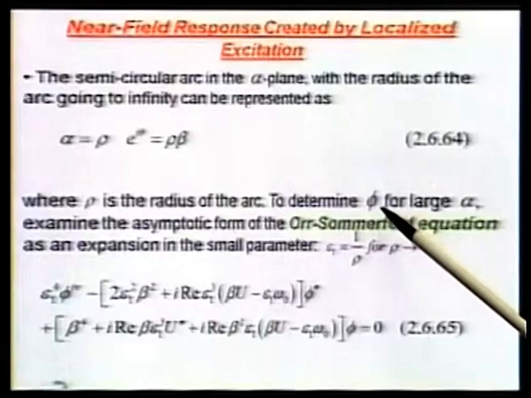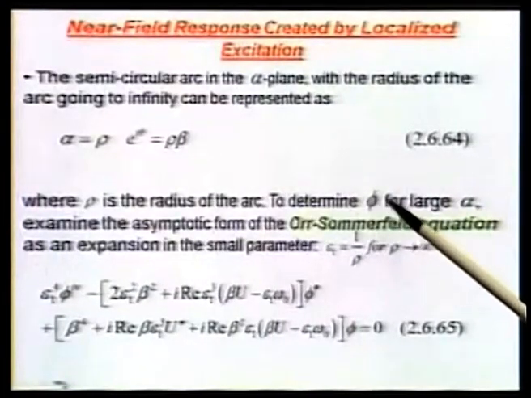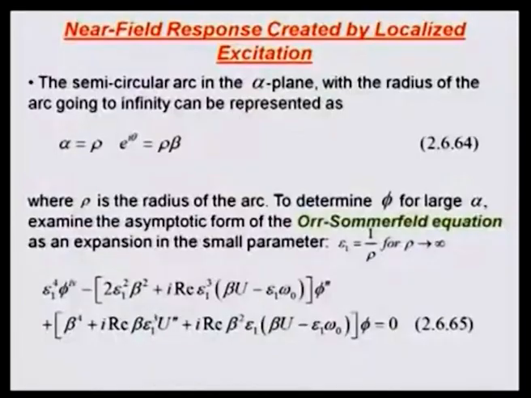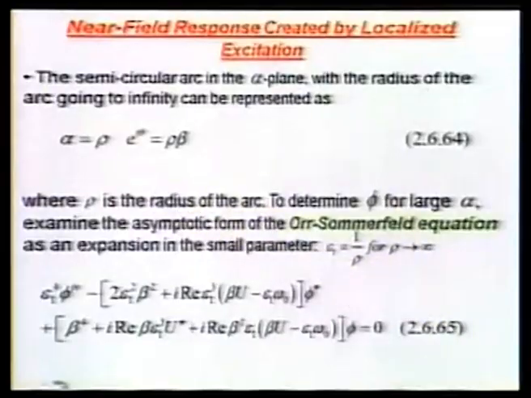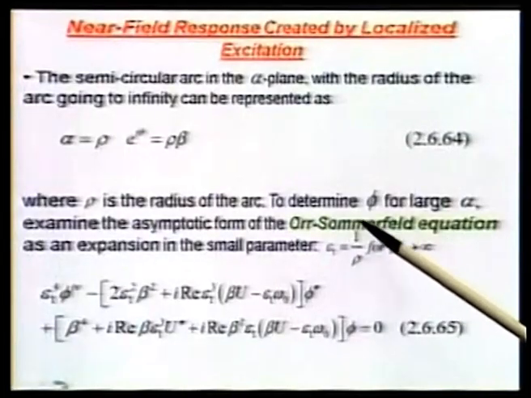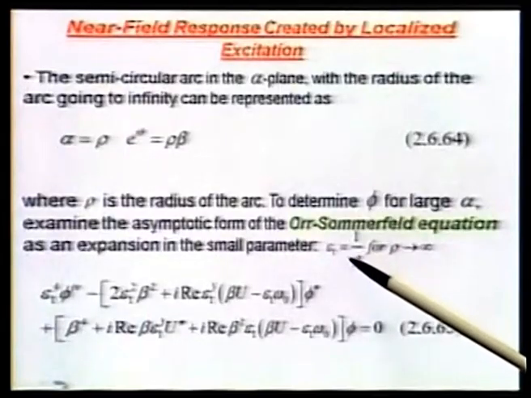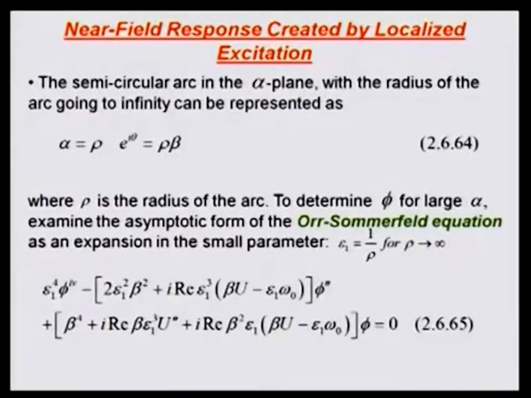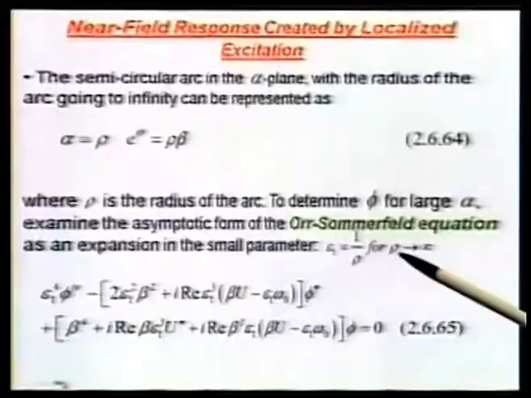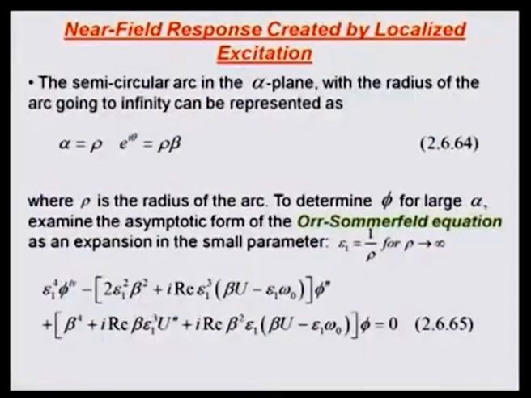We are now trying to figure out what this phi is going to be for alpha going to infinity. So that means rho should go to infinity. So what happens? I can define a small parameter, call it epsilon 1, which is 1 over rho. As rho goes to infinity, epsilon 1 goes to 0.